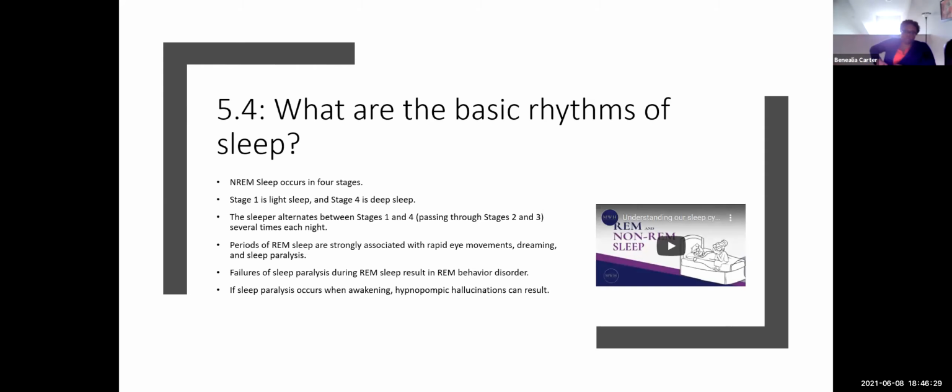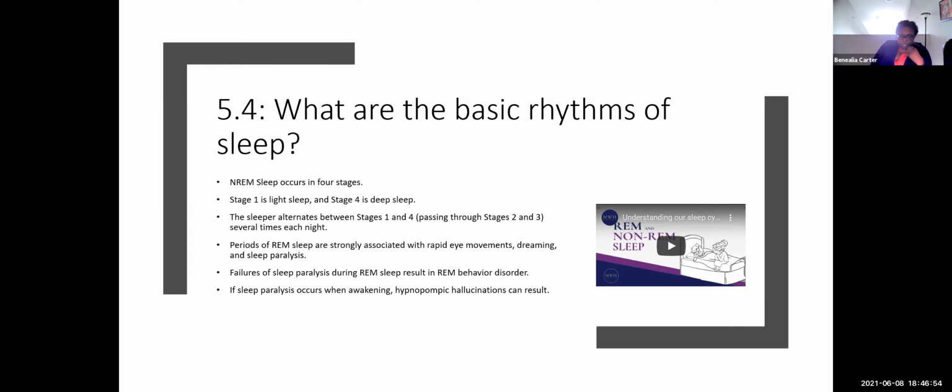So what are the basic rhythms of sleep? You have REM, stage 1, 2, 3, and of course 4, but every night you go through all of these stages in several forms, several times. But here's the thing, I say every night you go through, but that might not be the case. Not everybody goes through these stages.